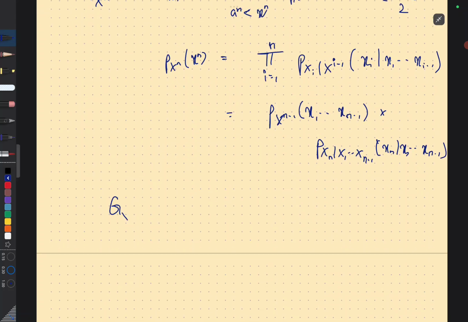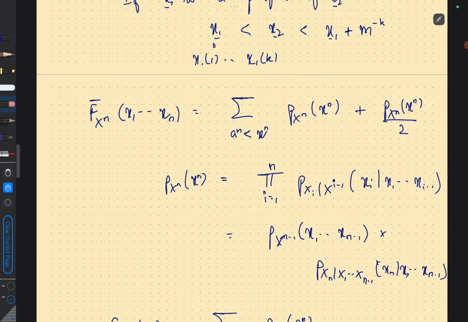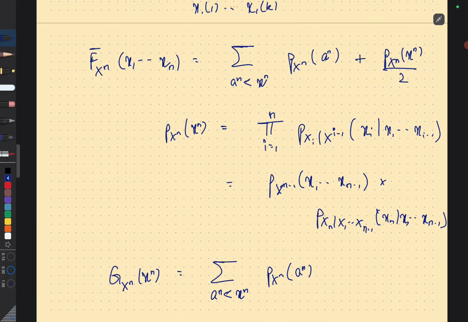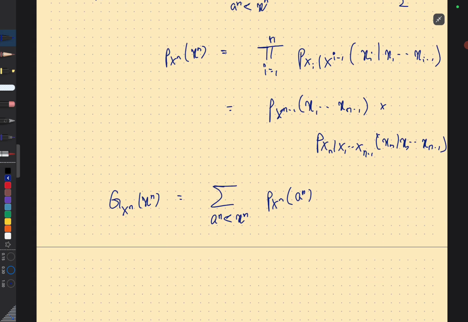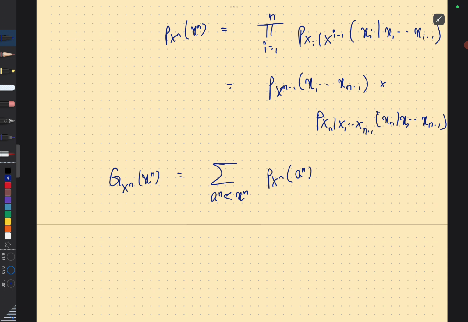So let me define this other quantity g of x^n to be the summation over a^n less than x^n of p of a^n. If I'm able to compute g of x^n efficiently, then I can find F bar of x^n efficiently.